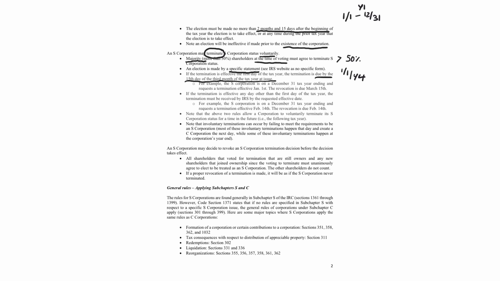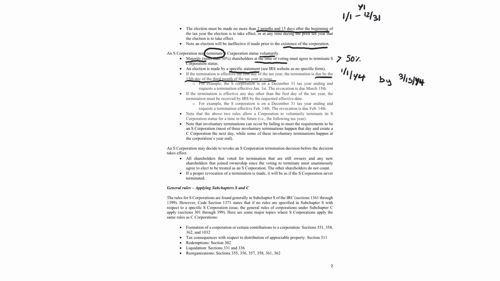We've been an S corporation for years 1, 2, and 3. We go into year 4 and we don't want to be an S corporation anymore. We want to terminate our S corporation status. We want it to be effective as of January 1st of year 4. We have to do that by March 15th of year 4. Again, 2.5 months after the beginning of that year.